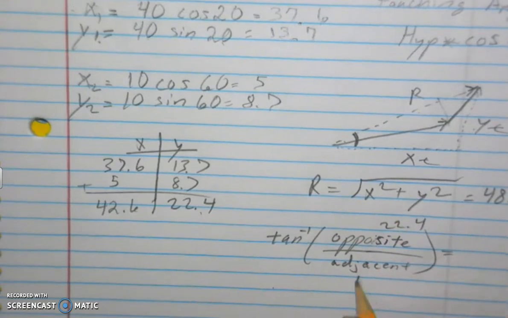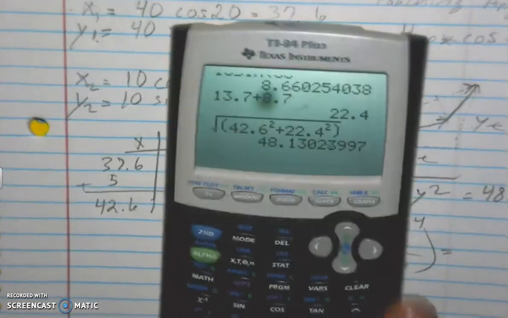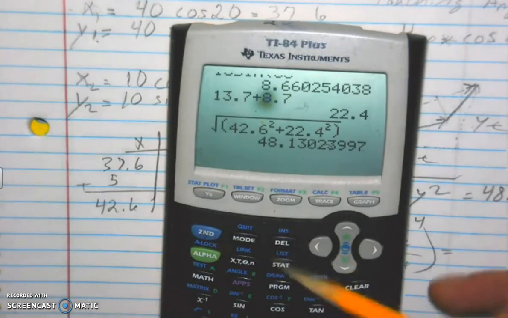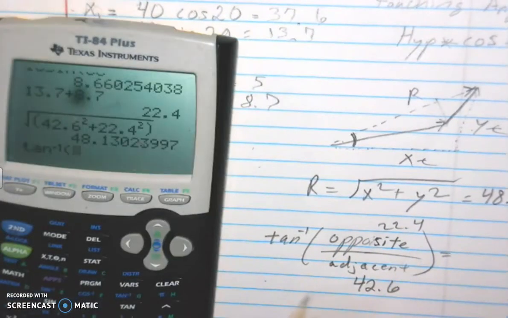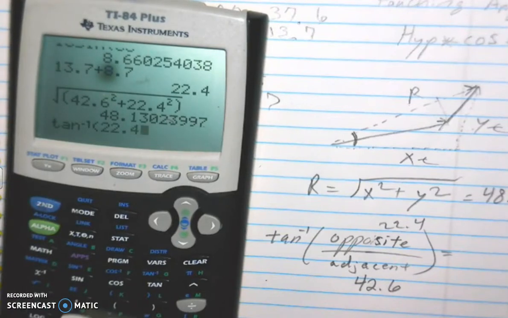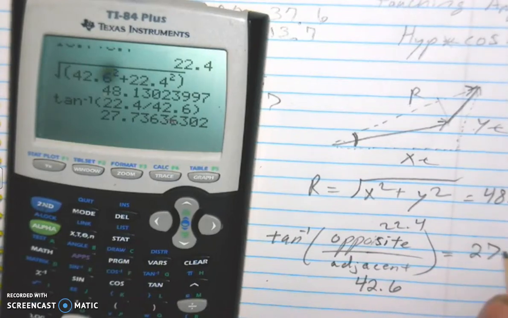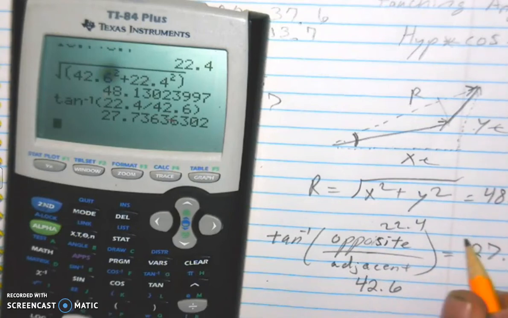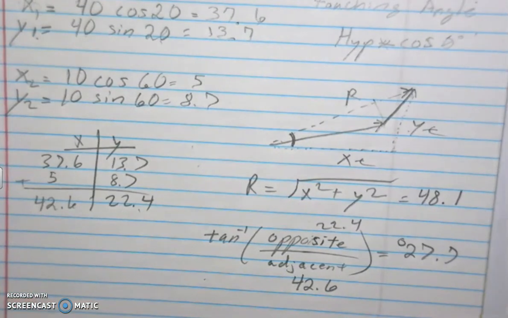X is 42.6. So throw those in the calculator. Arctangent, so second tangent. Opposite, 22.4. Oh, sorry, divide by 42.6. Enter. You get 27.7 degrees. Alright, that's it.